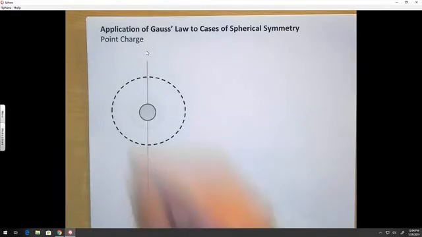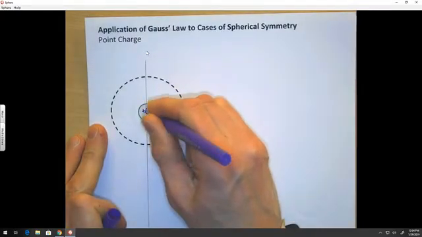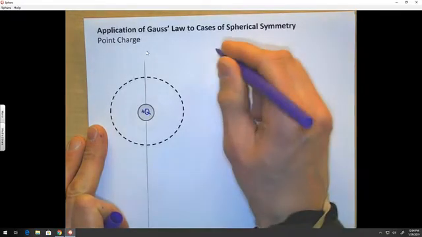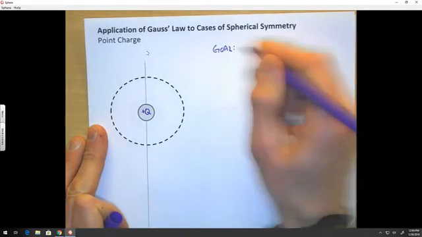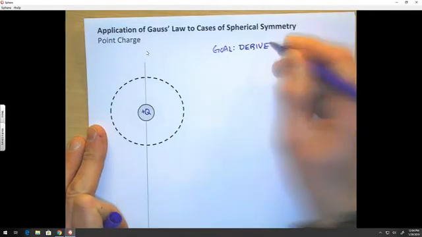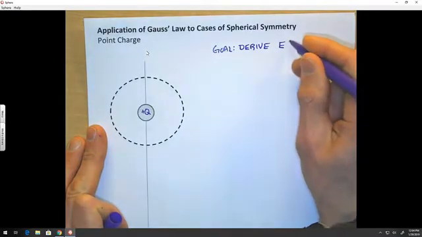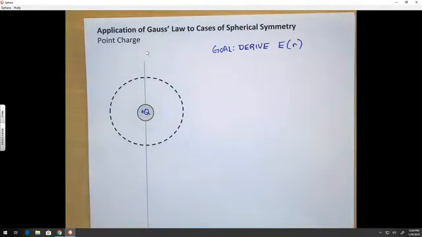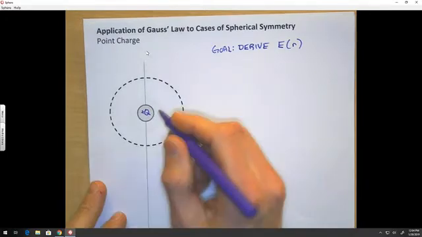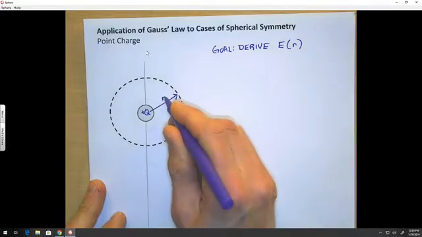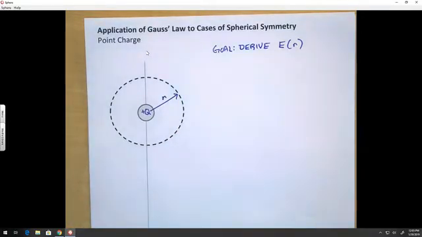Okay? So I'm going to draw here a plus Q, and I'll make it a big Q. That's going to be my point charge. Okay, so that's that. And my goal is going to be to derive E as a function of lowercase r, which is the distance that I travel from that point charge.